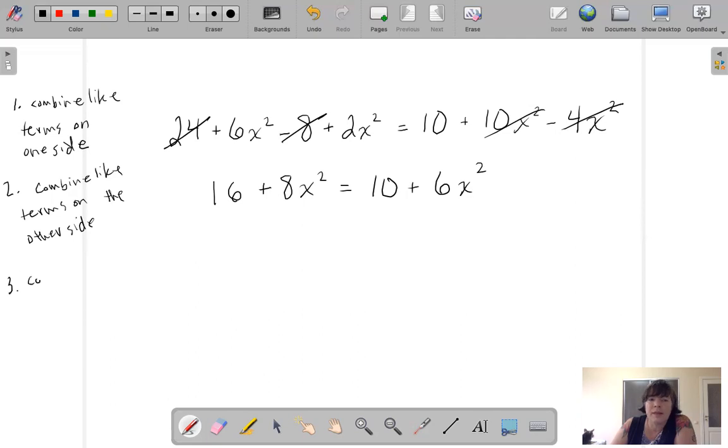All right, now 3, combine like terms from both sides. Okay, so I think it'll be easier to choose this side. We want to make this side 0.